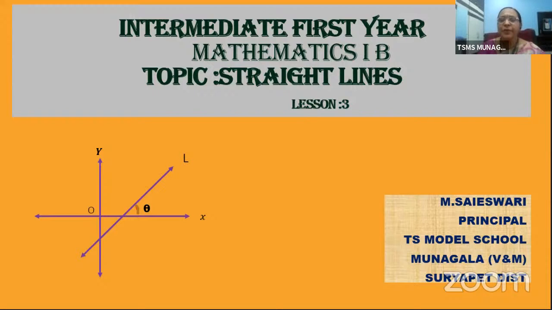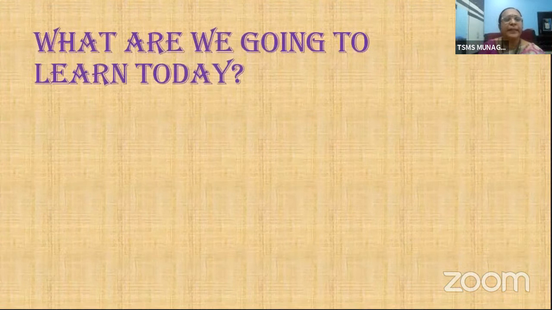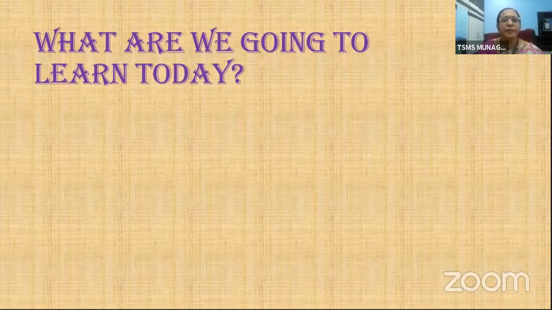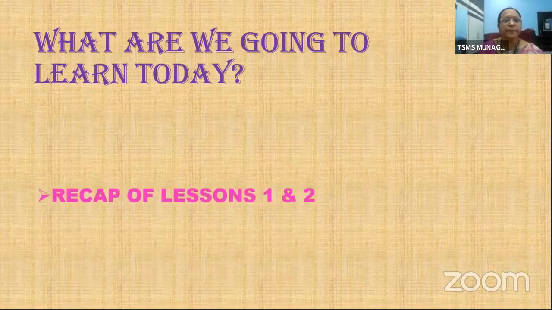Right. So today we are going to go with lesson 3. I hope you have watched lesson 1 and 2. So let me just quickly recap with what we have learned in lesson 1 and 2. So what exactly is going to be there in our plate today?